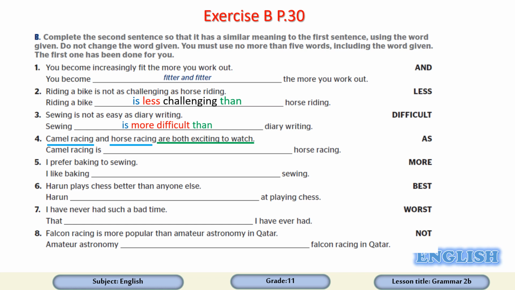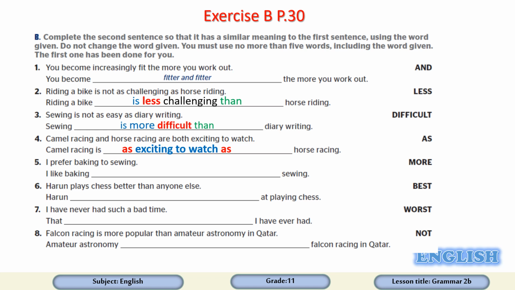What do we use? Look at the word given, as. So we are going to use as plus adjective. Very good. What's the adjective in the sentence? Yes, very good. It's exciting. So what can be the answer now? Yes, excellent answer. Camel racing is as exciting to watch as horse racing.